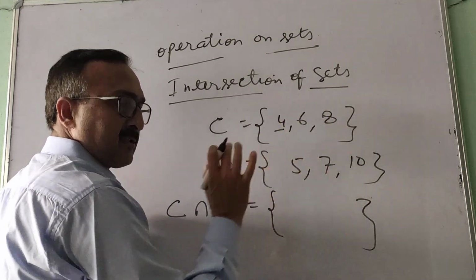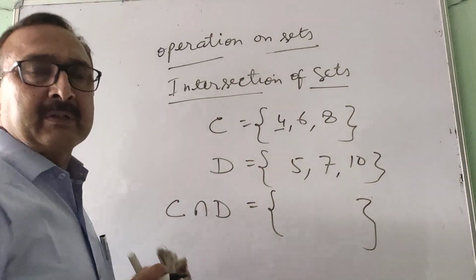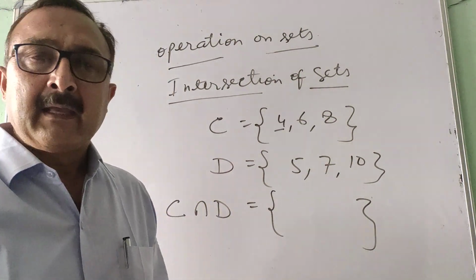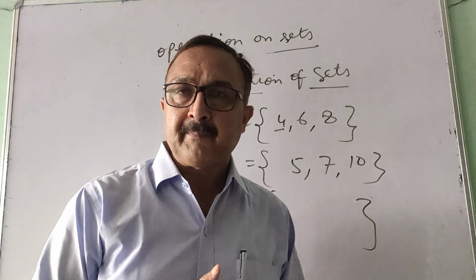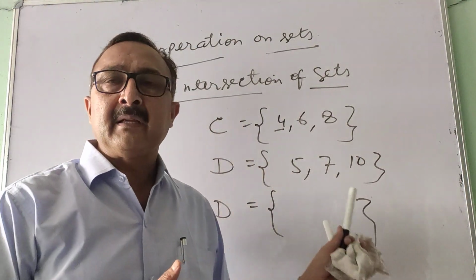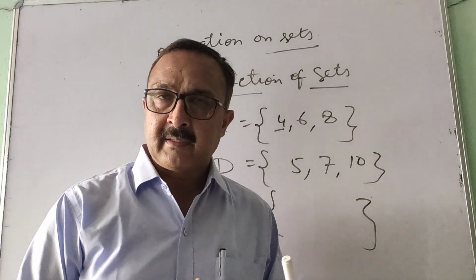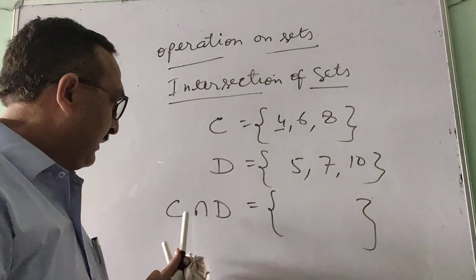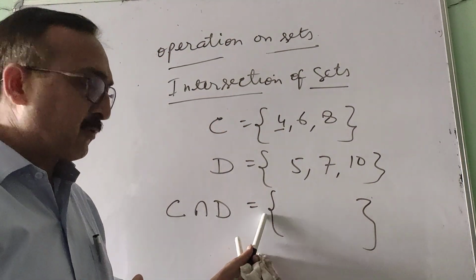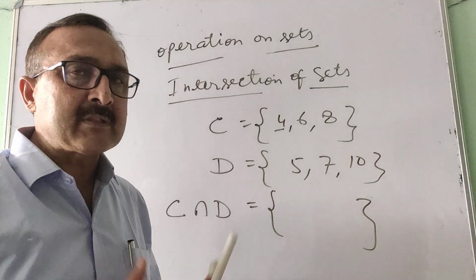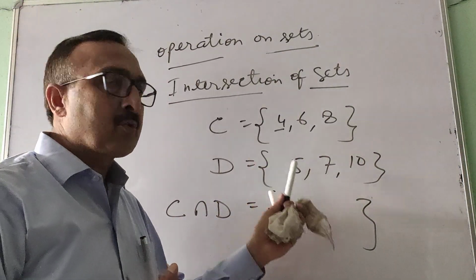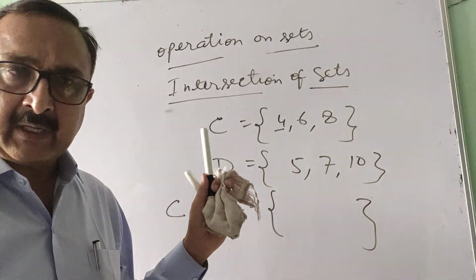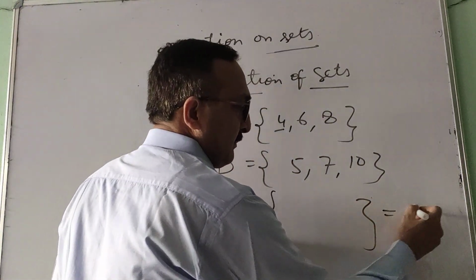So no element is common, so it is a set without elements, and we have studied earlier that its name is empty set. So C intersection D is equal to the empty set. What is the meaning? No common element in these two sets. We can also represent it by the symbol phi.